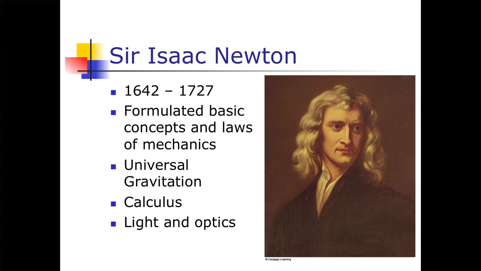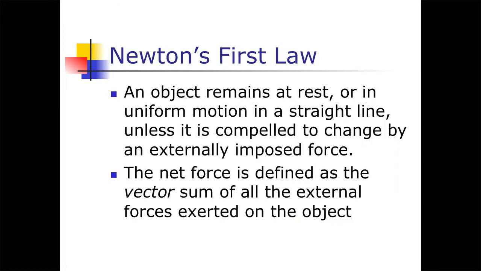Based on those Aristotle and Galileo concepts, Sir Isaac Newton formulated the three basic laws of motion. The first law of motion says an object remains at rest or in motion on a straight line unless it is compelled to change by an externally imposed force.